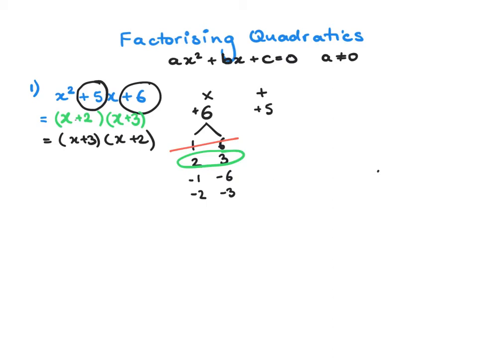So let's have a look at another question. I'm going to go one more with the coefficient of x to the power of 2 being 1. So let's just go through that one. Let's have a look if there's something interesting. Okay, I think I just found one.